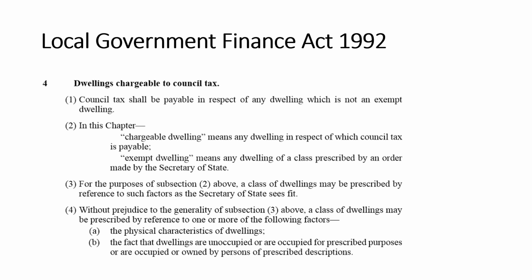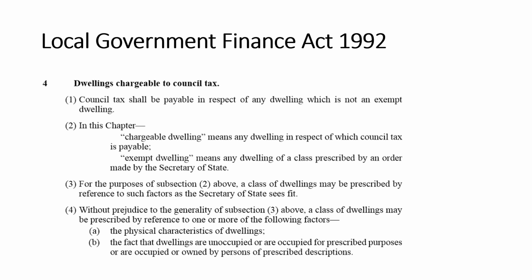For the purpose of subsection 2 above, a class of dwelling may be prescribed by reference to such factors as the Secretary of State sees fit, and we will draw the conclusion that the Secretary of State had something to do with the statute. And then it says, without prejudice to the generality of subsection 3 above, the class of dwelling may be prescribed by reference of 1 or more of the following factors.